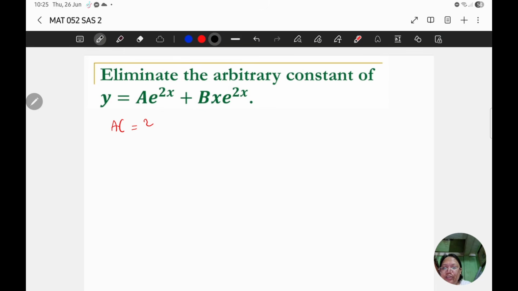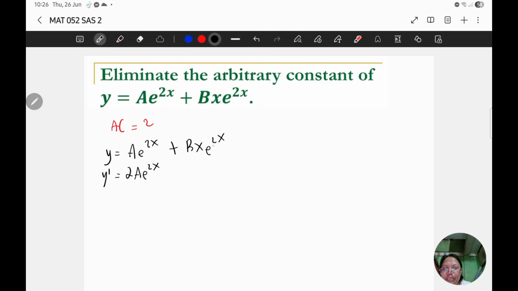So write down first the equation. y equals a e to the 2x plus b x e to the 2x. Then derive. The derivative of y is y prime. The derivative of a e to the 2x is 2a e to the 2x.